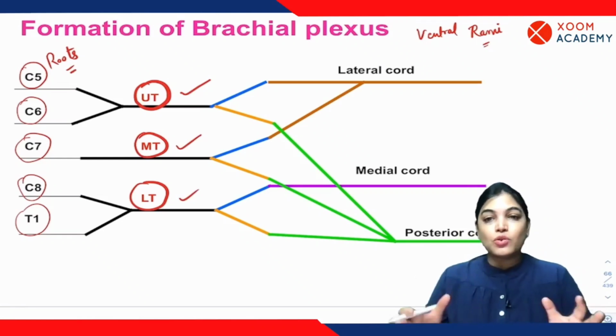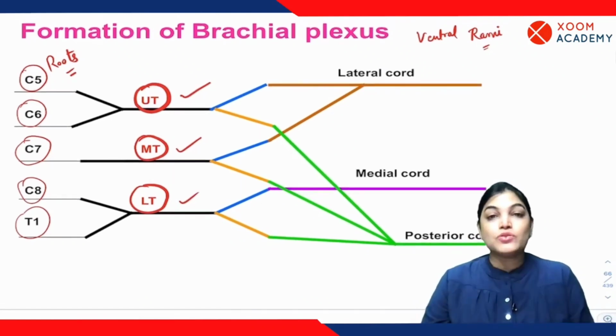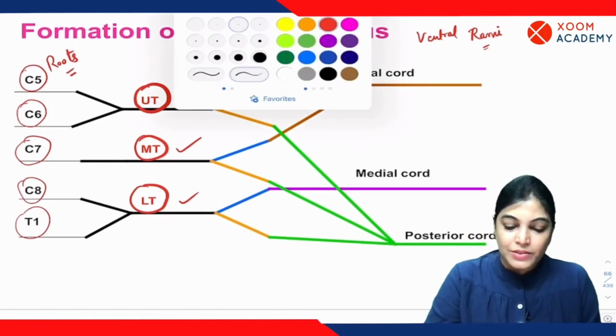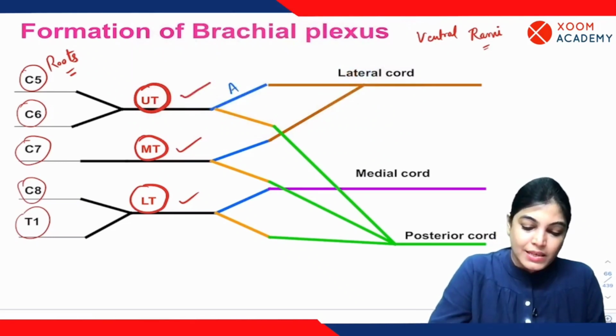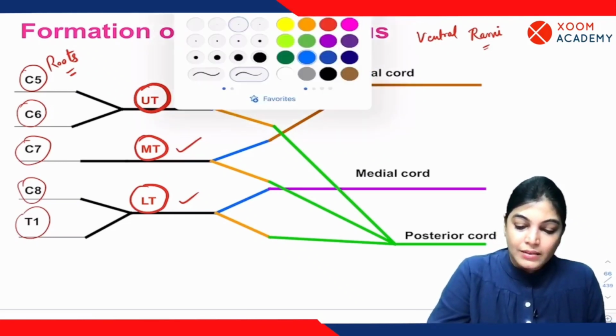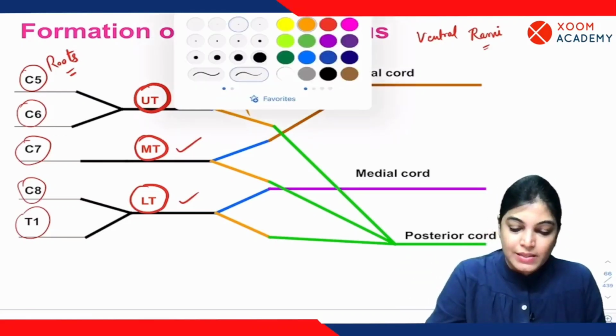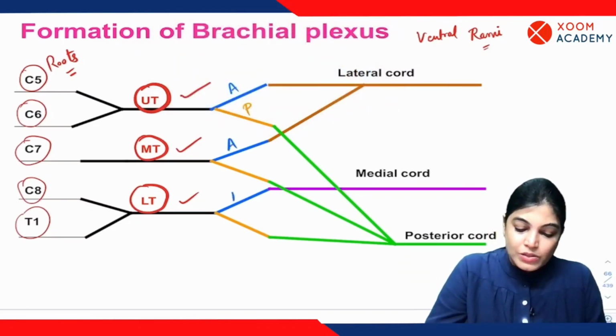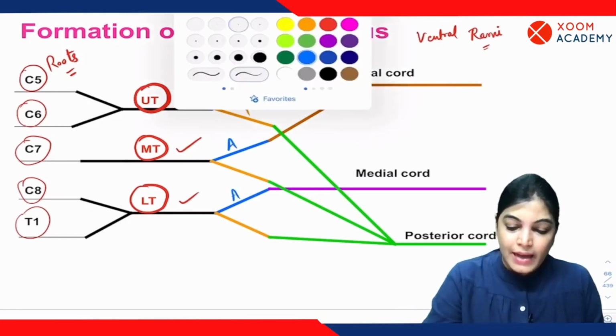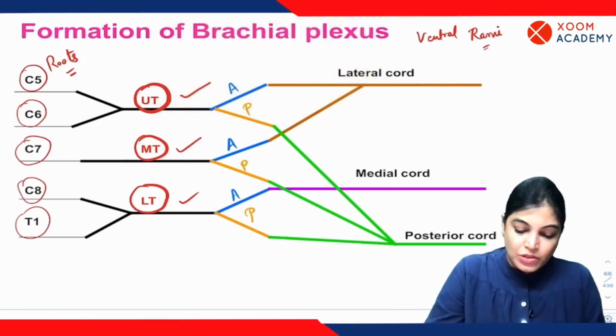Now, each of these trunks will divide into divisions. The upper trunk divides into an anterior division and a posterior one, and this goes for each of the trunks. Here we can see blue color showing the anterior division of each trunk and yellow color showing the posterior division of each trunk.